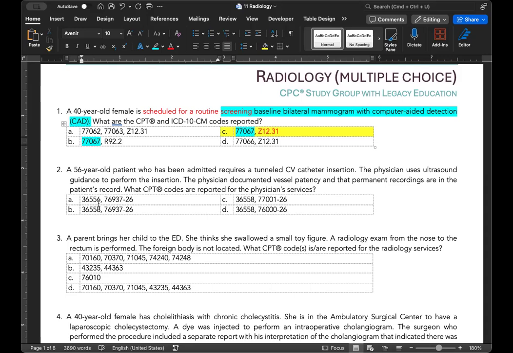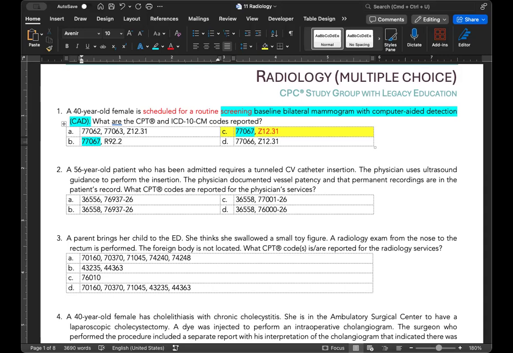So 76937 is ultrasound guidance for vascular access, requiring ultrasound evaluation of potential access sites, documentation of selected vessel patency, concurrent real-time ultrasound visualization of vascular needle entry with permanent recording and reporting. And then we know that this is an add-on code, so we still have to have our primary procedure, right? So does everyone think that the 76937 is our appropriate code?